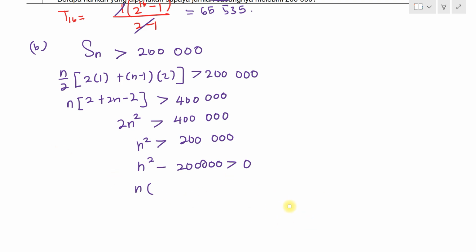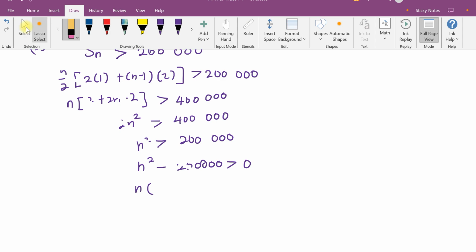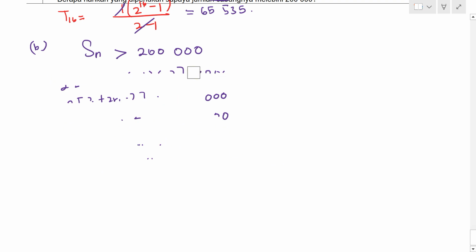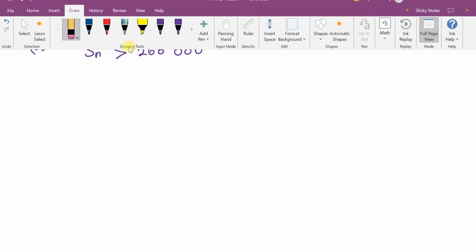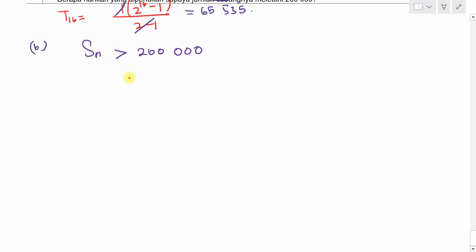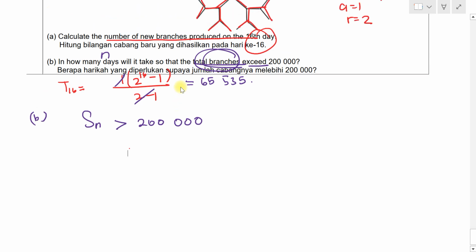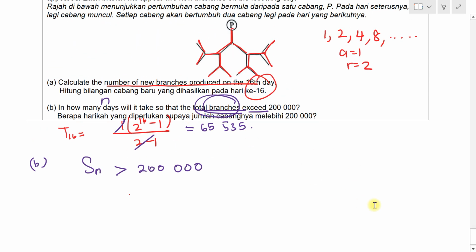It was a GP, right? I'm using the AP formula, guys. That's why. I need to erase this. No wonder. I'm supposed to use the GP Sn formula. Even the whole thing is wrong.